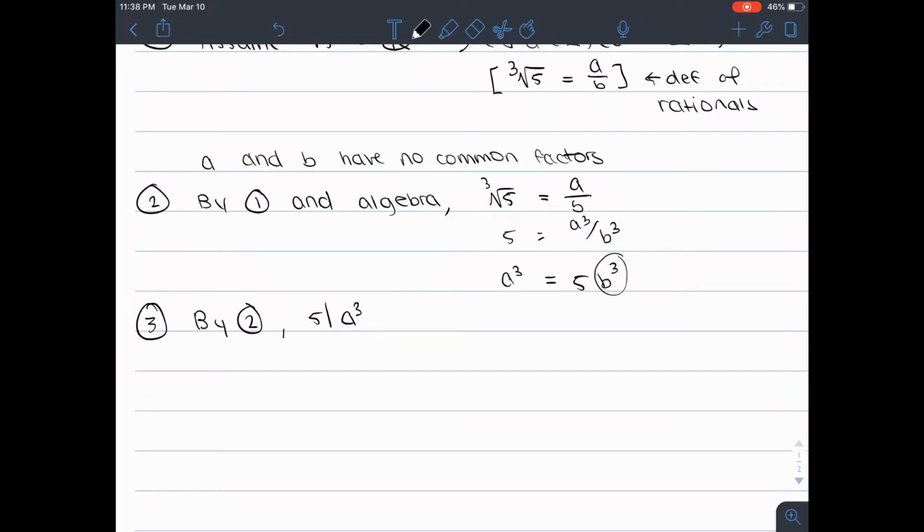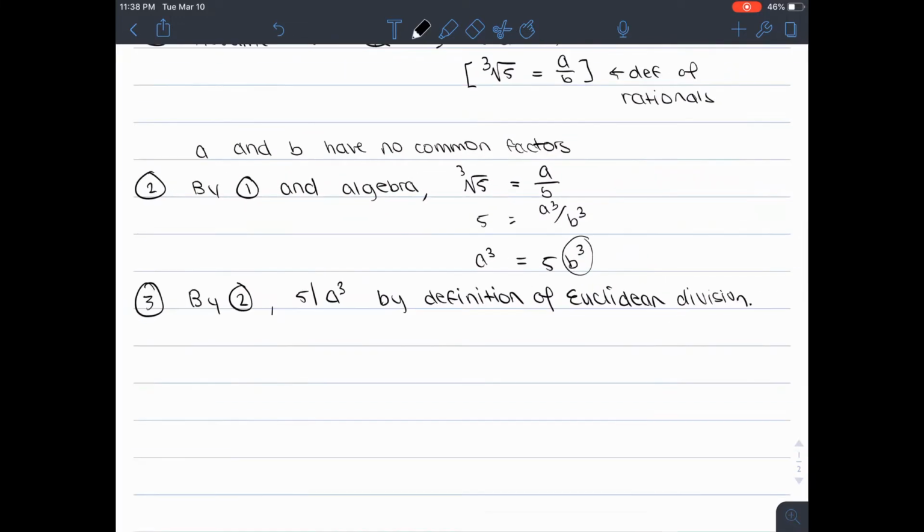So 5 divides A cubed by definition of Euclidean division. Since 5 divides A cubed, it can also be assumed that 5 divides A by the lemma. The lemma is, in this case, that if 5 divides something cubed, then 5 will also divide that something.